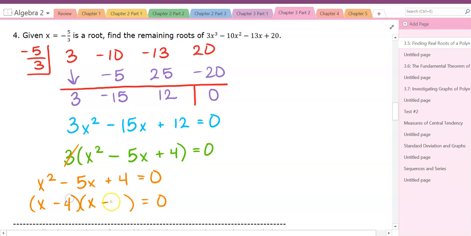So x minus 4, x minus 1. If I set those equal to 0, what do I get for my zeros? If you do x minus 4 equals 0, how would you solve for x? Good, +4, +1. So my zeros are going to be -5/3, 1, and 4.